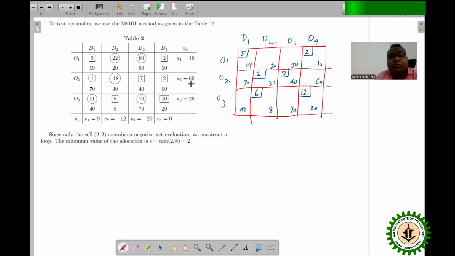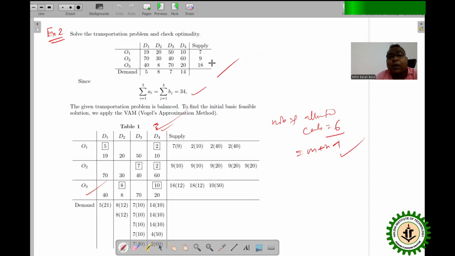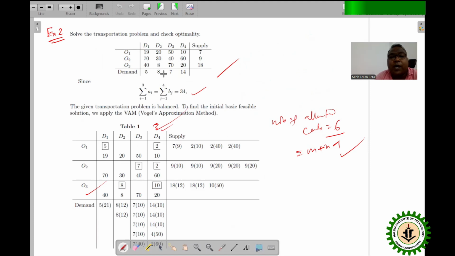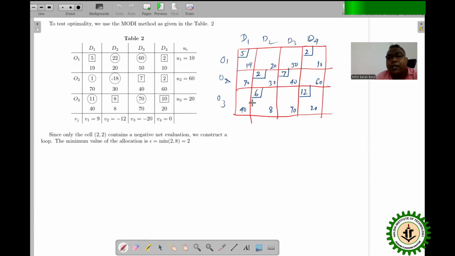Now you can check it out. What was the available amount? 7, 9, 18. You can see demand 5, 8, 7, 14. Done.